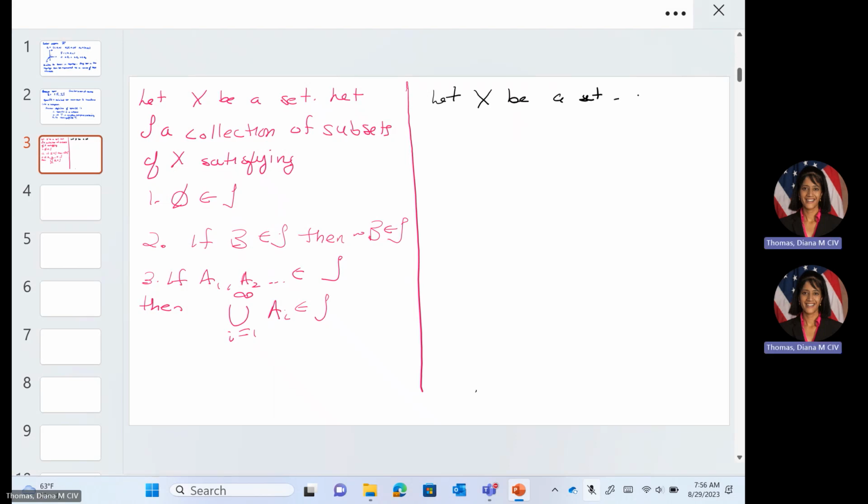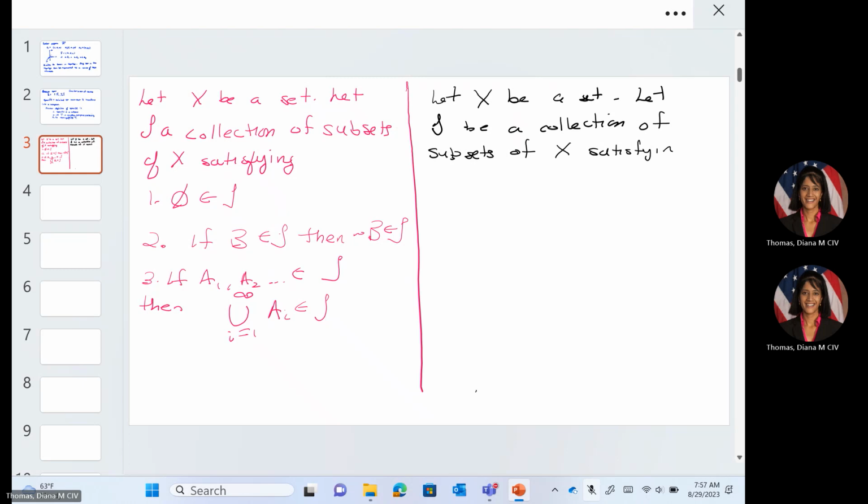Starts out almost the same. What's the definition of topology? The empty set and X are in it. Next one. Union.